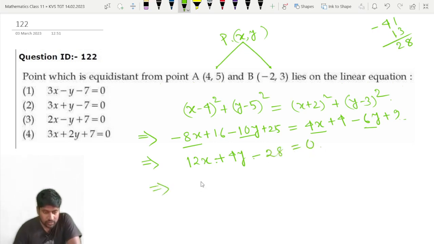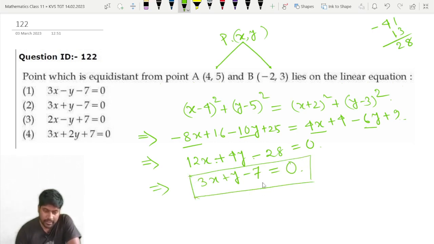So 4 we can cancel: 3x plus y minus 7 is equal to 0. That is the required linear equation, 3x plus y minus 7. Option 2 is the correct answer.